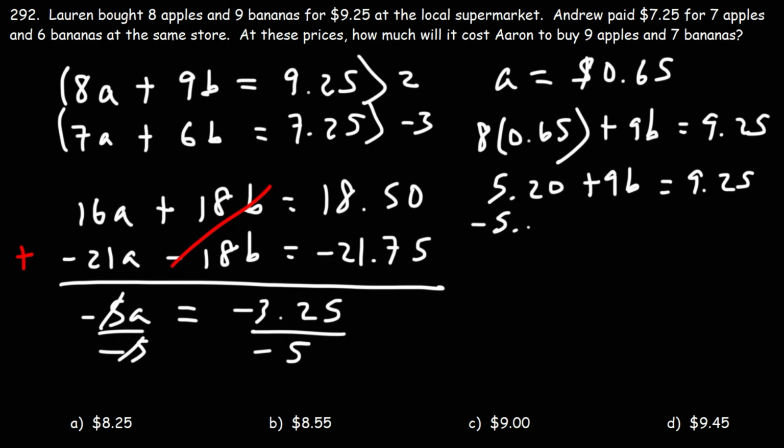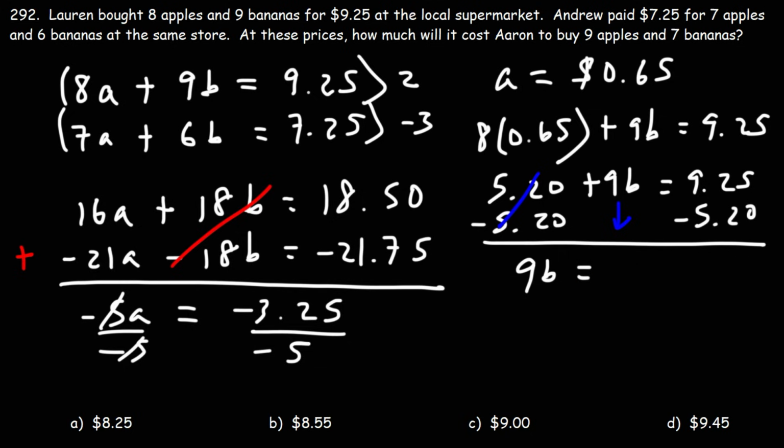Now, let's subtract both sides by 5.20. Let's bring this down. So we have 9b is equal to 9.25 minus 5.20. That's 4.05. Now let's divide both sides by 9.